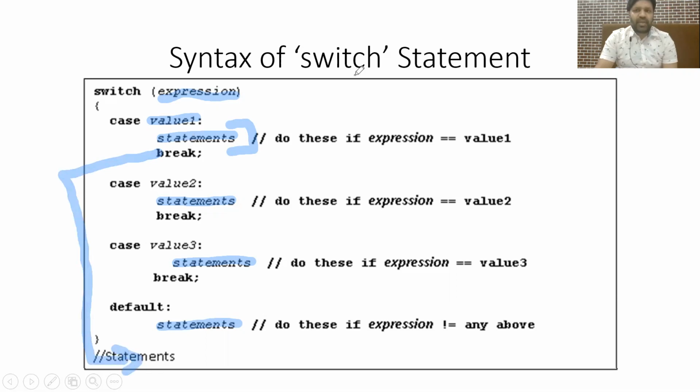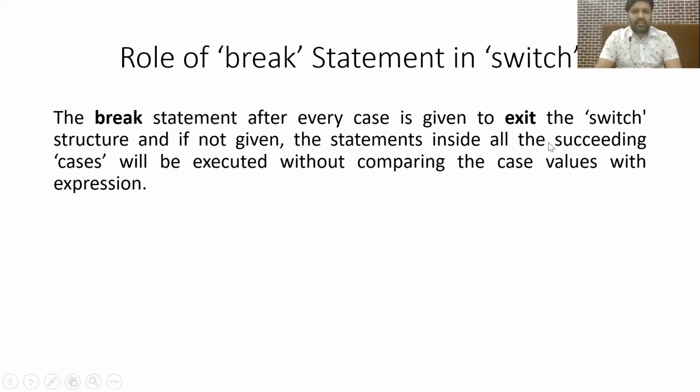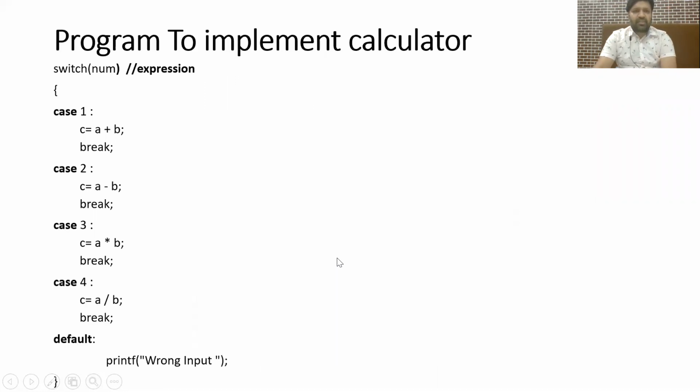So the use of the break statement is very important, and like I said, things will be clearer when we see a few more examples. So the break statement after every case is given to exit the switch structure, and if not given, the statements inside all the succeeding cases will be executed without comparing the case values with the expression.